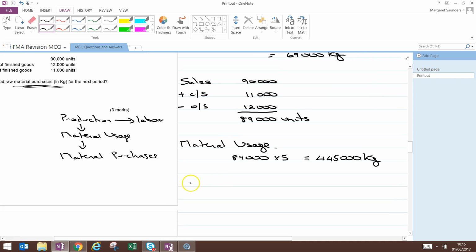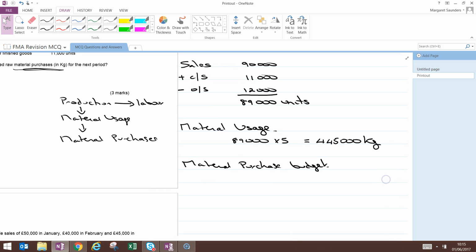Your material purchase starts off with your usage, which in this example is 445,000 kilos.